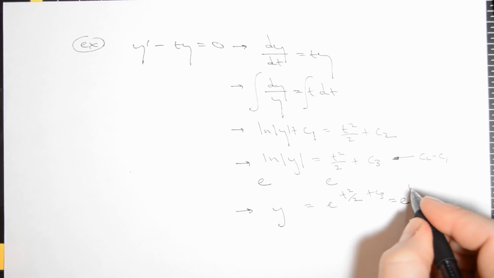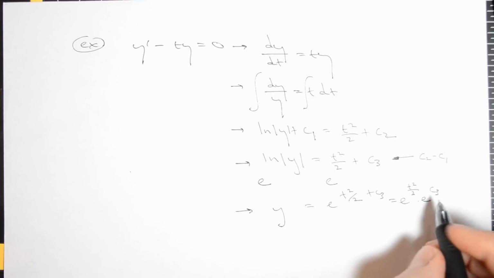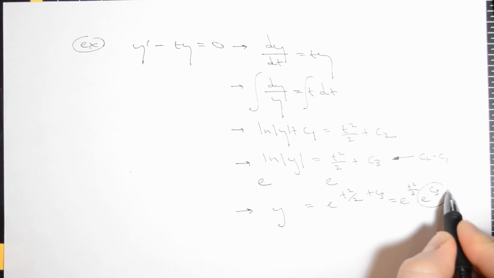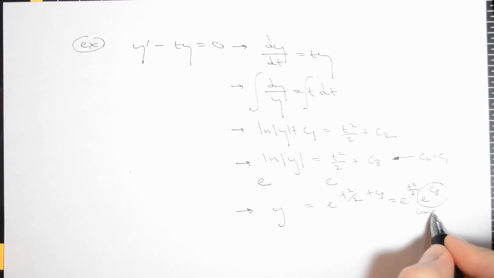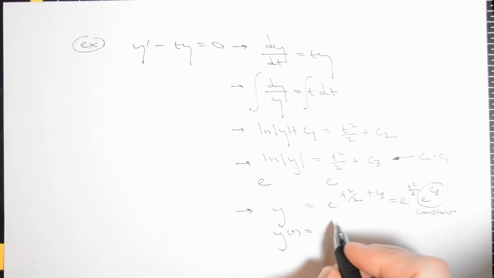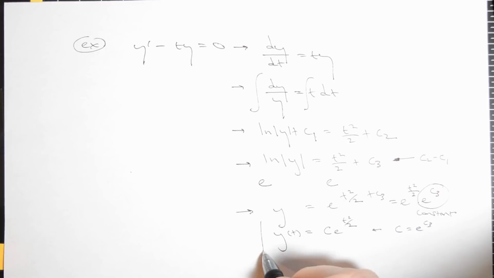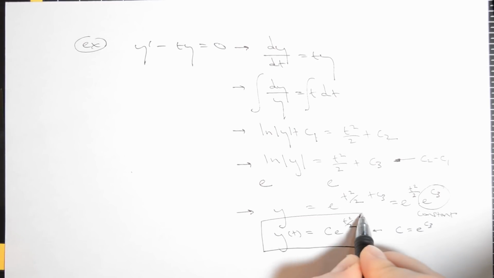Here, this is e to the t squared over 2 times e to the c3, and this whole term is itself just a constant. And so we can rewrite this now in the final form of the general solution as y(t) equals c e to the t squared over 2, where this constant c is equal to e to the c3. So this is our general solution to this differential equation.